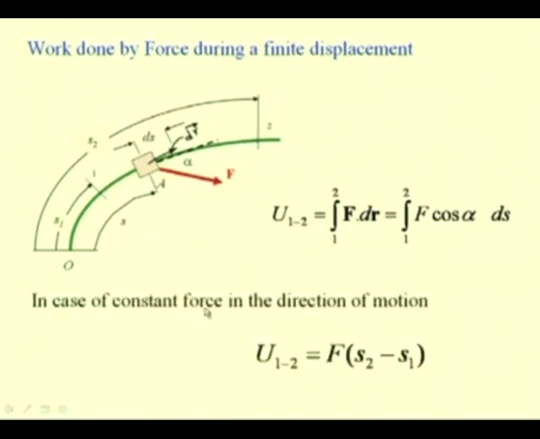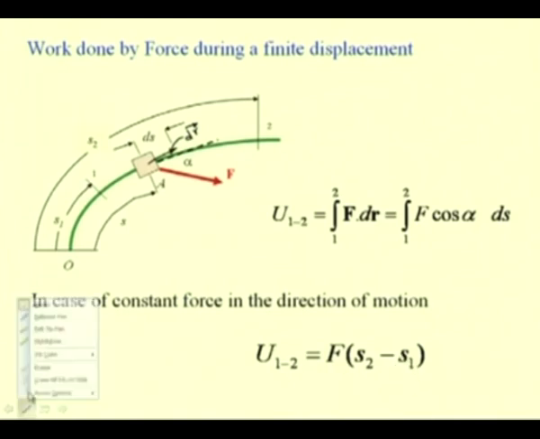And in case this force is constant in the direction of the motion, then we can say the work done between 1 to 2 is F times (s2 minus s1).